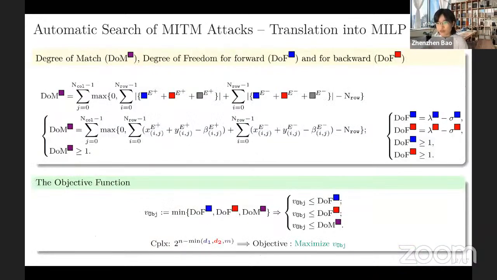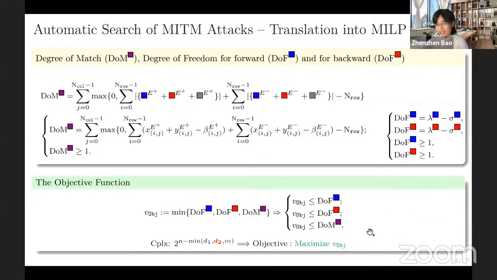The matching rules are translated to count the degree of match, and the initial degree of freedom and the accumulated consumed degrees of freedom are used to compute the final degree of freedom.